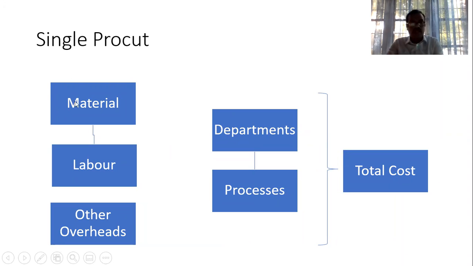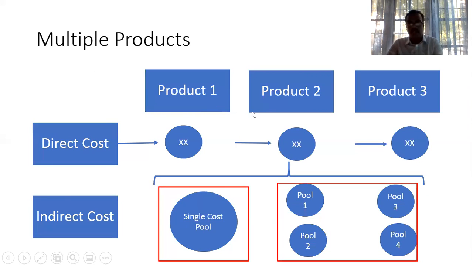If it were a single product, irrespective of how the production takes place, finally total cost is divided by the volume. But in the case of multiple products, the situation is different. Product 1, 2, and 3. No matter how many products are in your organization, 1, 2, 3, up to n, maybe 1,000, some organizations maybe 10,000 or 20,000.